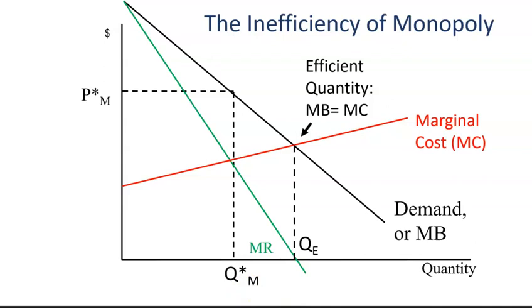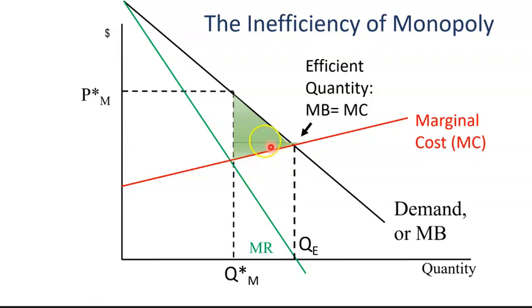So that's not good, according to this argument, because by producing less, we are, as a society, giving up these extra benefits that would have more than counterbalanced the extra costs of producing this additional quantity.